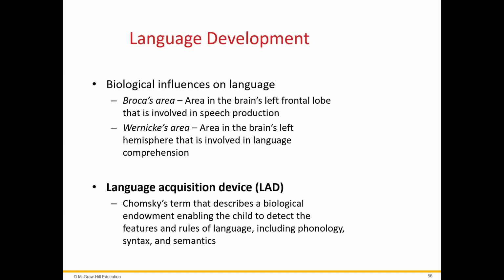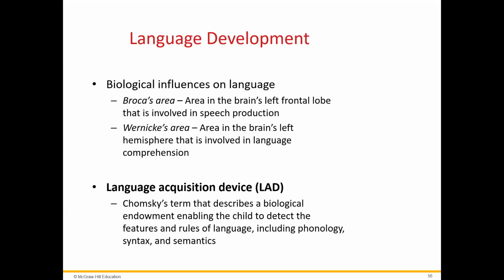So he was saying that we're born ready to learn language. And he said that our brains contain a language acquisition device. It's a part of your brain that's going to help you learn whatever language you're exposed to.